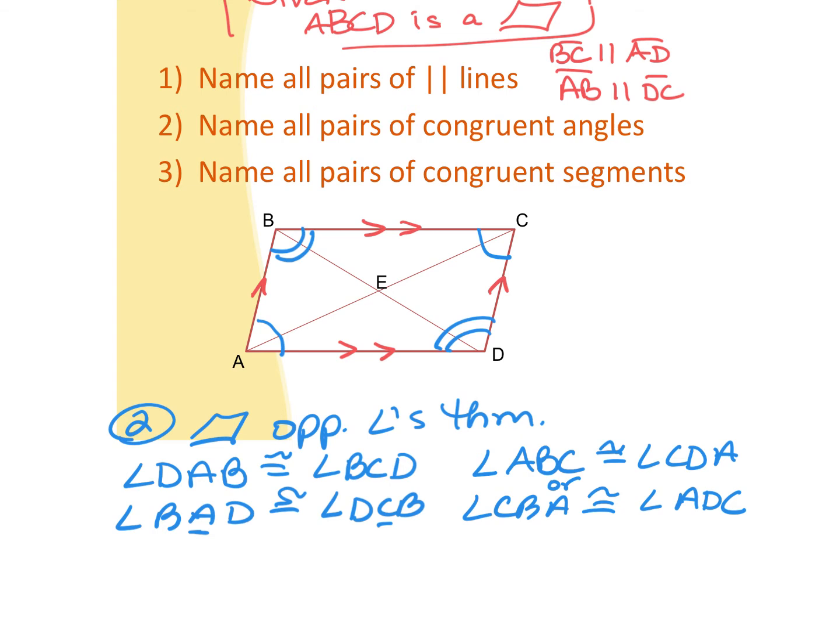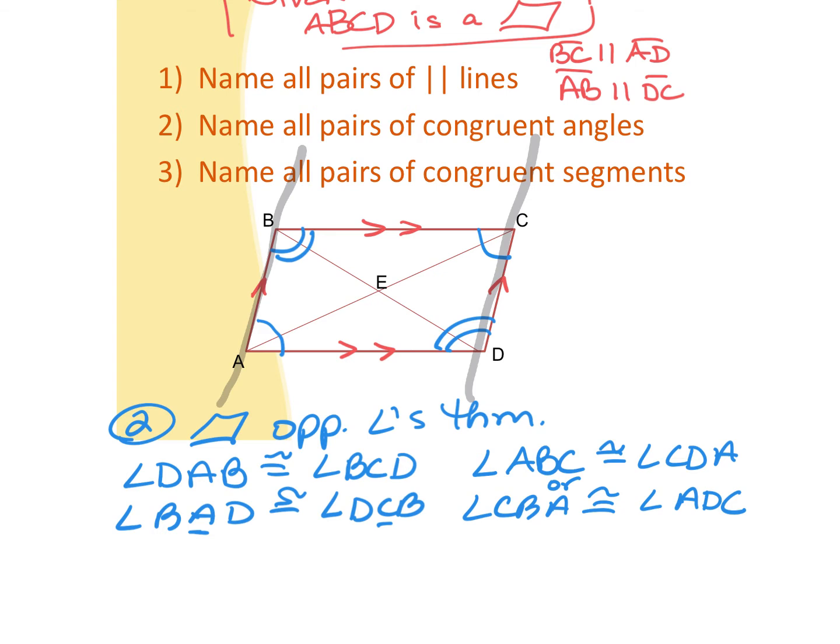Now also in this picture, because I have parallel sides, I also have a bunch of alternate interior angles. So what I can do here is show you the parallels. So I could state that AB is parallel to CD. And then what I can do is draw in my transversal.